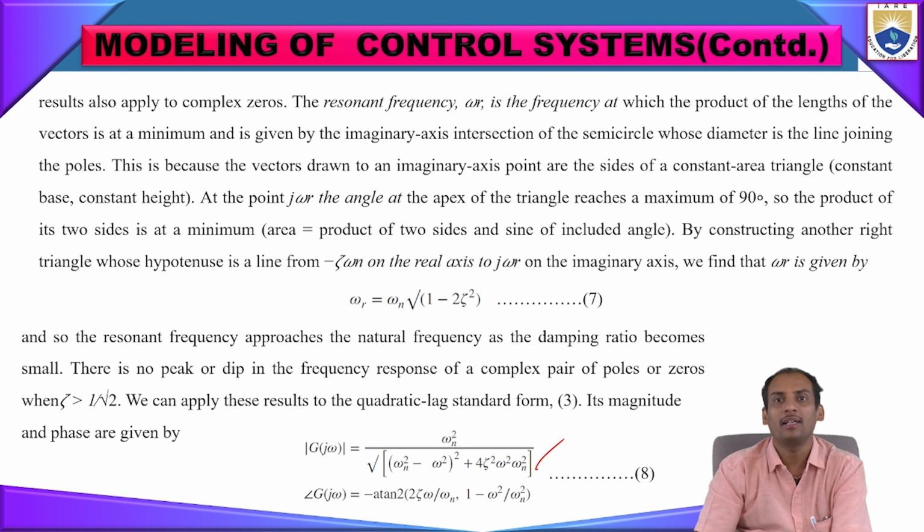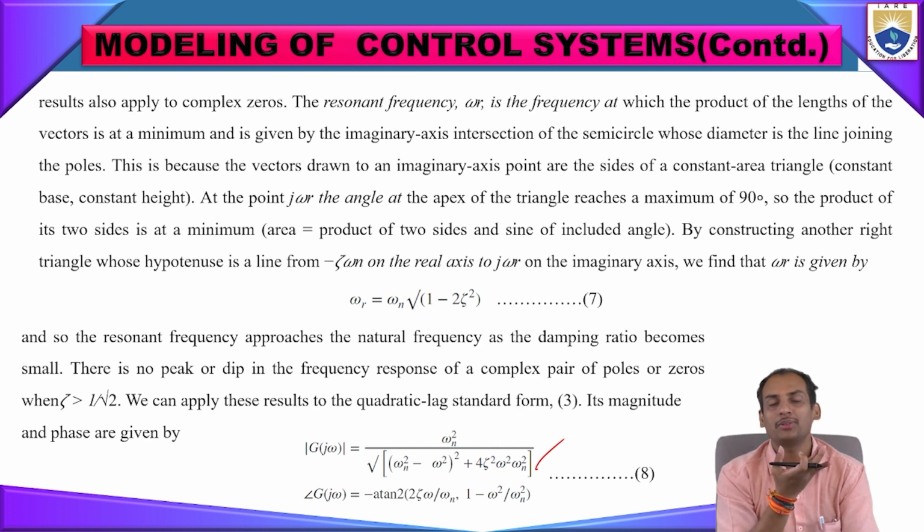So here that angle will be equal to atan2 of 2 zeta omega by omega n comma 1 minus omega square by omega n square. It is a function of omega n and zeta values only.